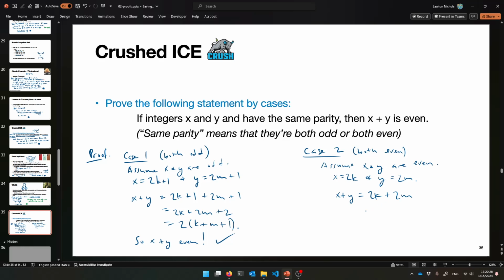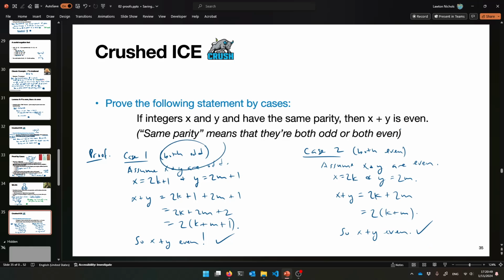And you can, of course, factor out a 2 from that as well. 2 times (k plus m). So x plus y is equal to 2 times an integer. Therefore, x plus y is even. So x plus y is also even in this case. And that checks out that case.